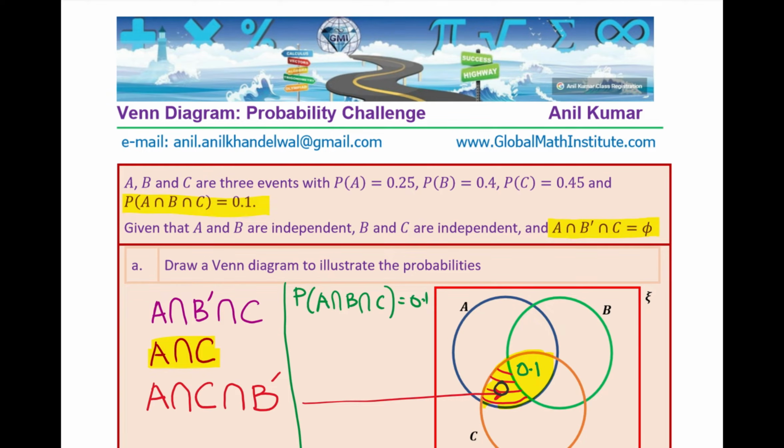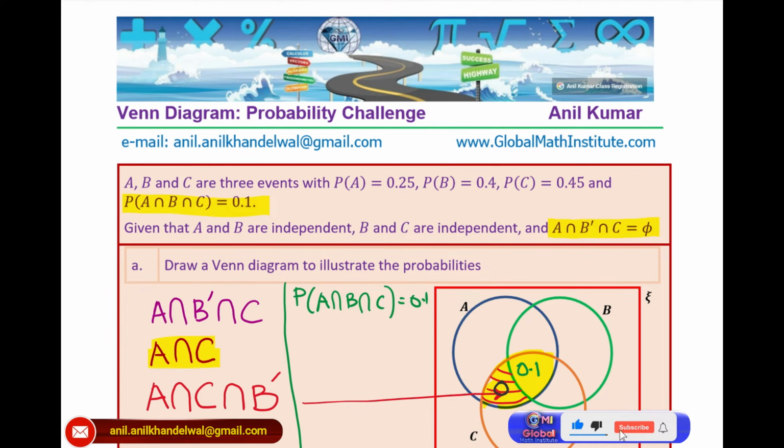So let's get back to the conditions given to us, and that is, given that A and B are independent. Now, what does this statement mean? A and B are independent. Let me use a different ink.